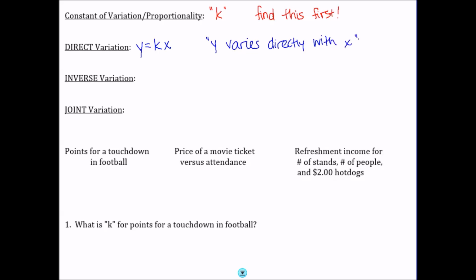If you see a phrase similar to that, you'll know that it is a direct variation problem. For inverse variation, we use the equation y equals k divided by x. This would be represented by the phrase y varies inversely with x.